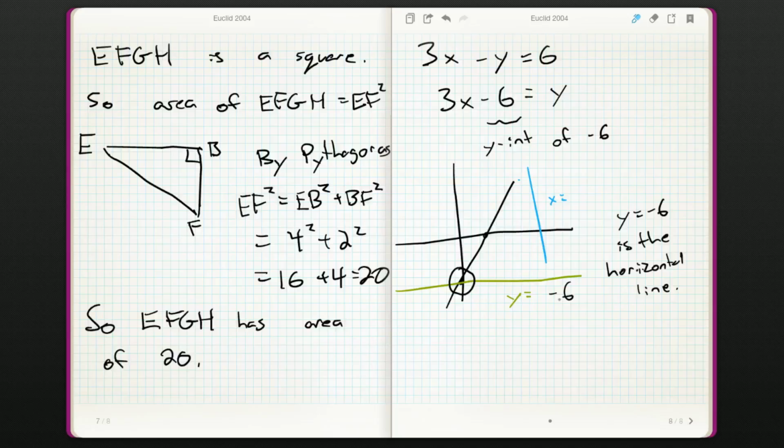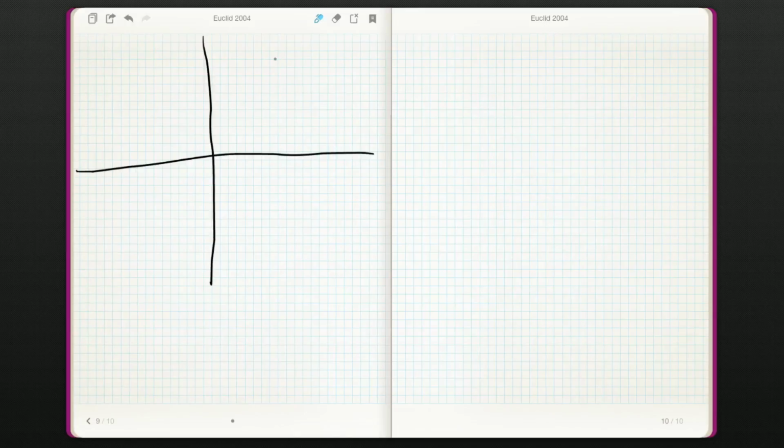So I'm going to flip the page and draw myself a bigger picture here that I can mark up. I'll color code these. So we have y equals 2x here. That's line A. Then we have our good friend line B. It's the same thing but reflected.